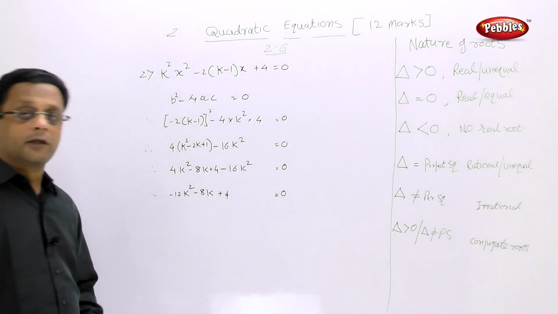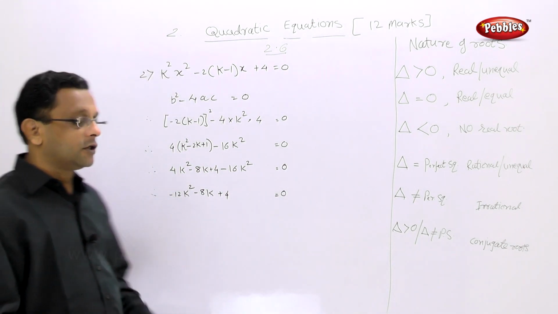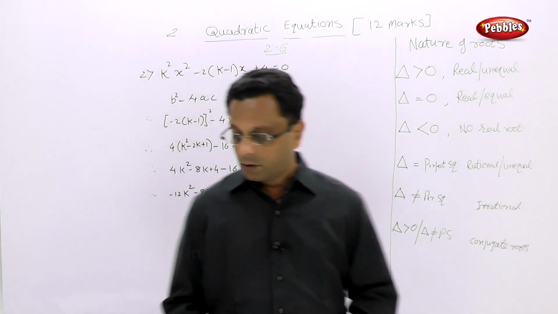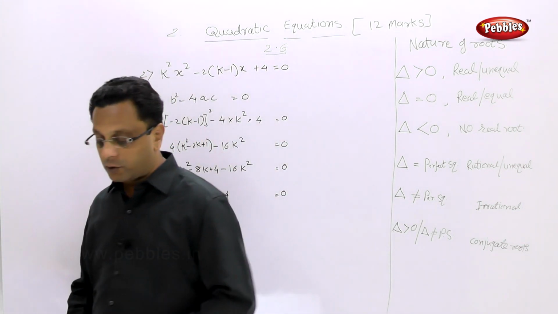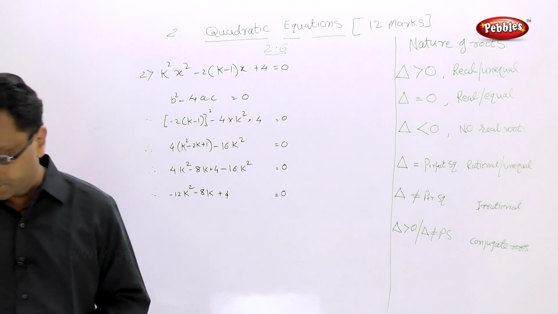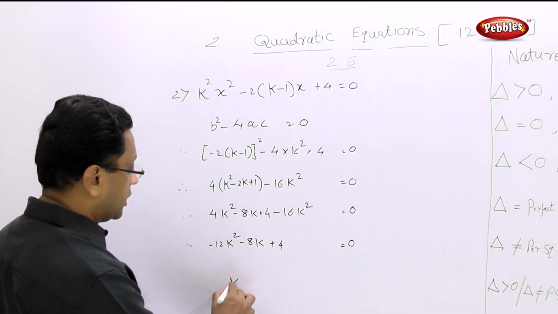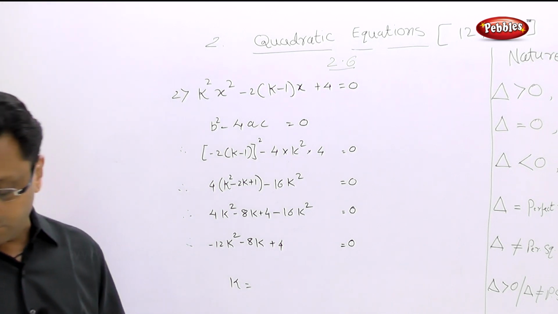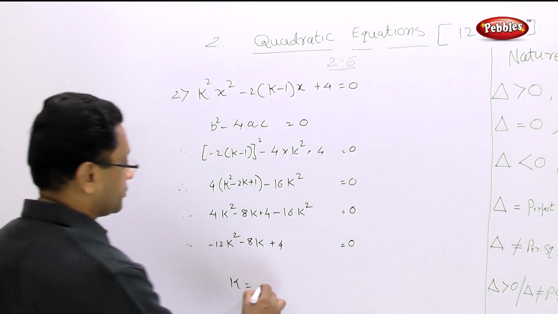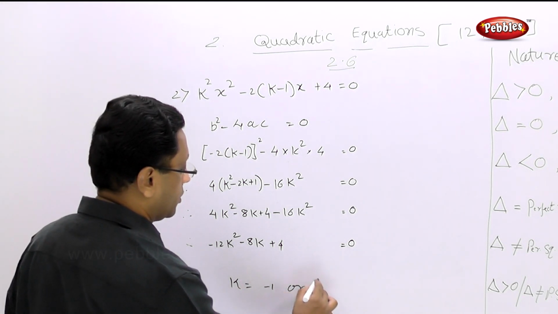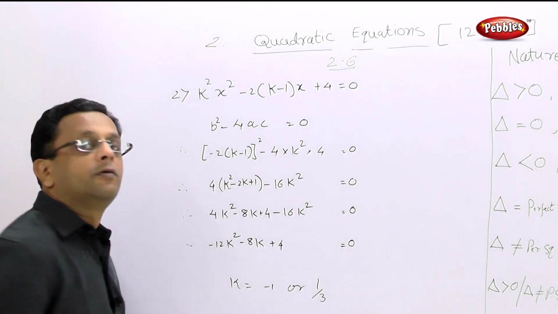Now this is another quadratic equation that you have got. Just solve this equation and you will get the value of k. Mostly you will get two values of k. Once you solve this, the answer for k is equal to minus 1 or 1 upon 3.